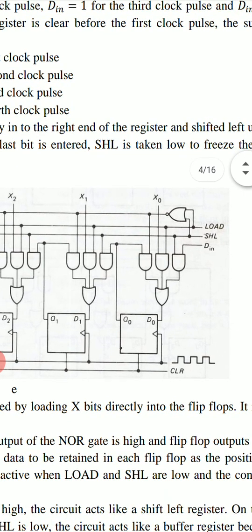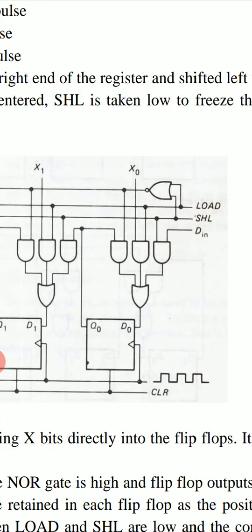Now the change is that we now have these 3 AND gates in place of 2. And in the middle AND gate, the inputs are x0 and load. SHL control signal is here, and we now have another control signal, that is load, and we have load bar also and SHL bar also.